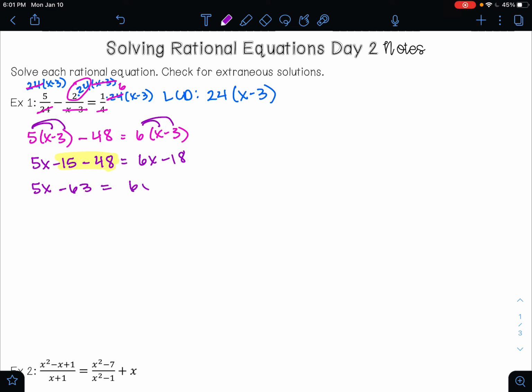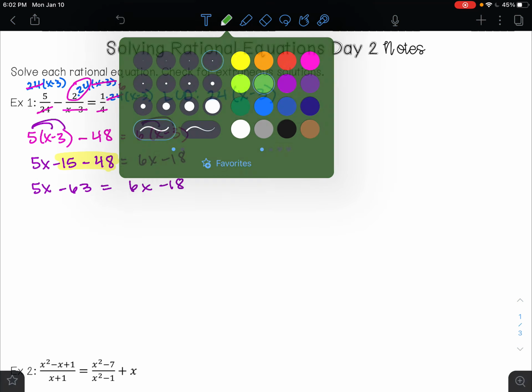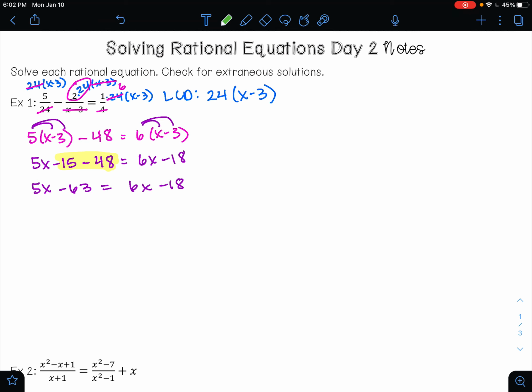equals 6x minus 18. I have x's on both sides of my equation, so I am going to go ahead and get my x's over on the same side by subtracting 6x on both sides. So I'm going to have negative 1x minus 63 is equal to negative 18.